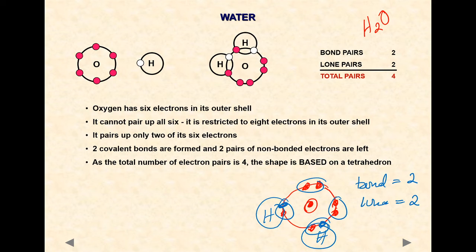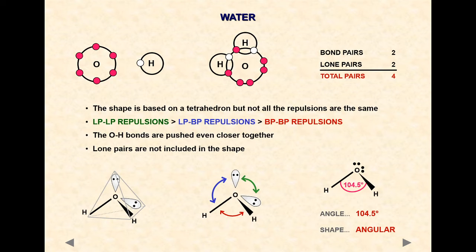Now what does this entail? It reduces the bond angle of a tetrahedral further. So the bond angle of a tetrahedral will be further squeezed. So water will look like this.